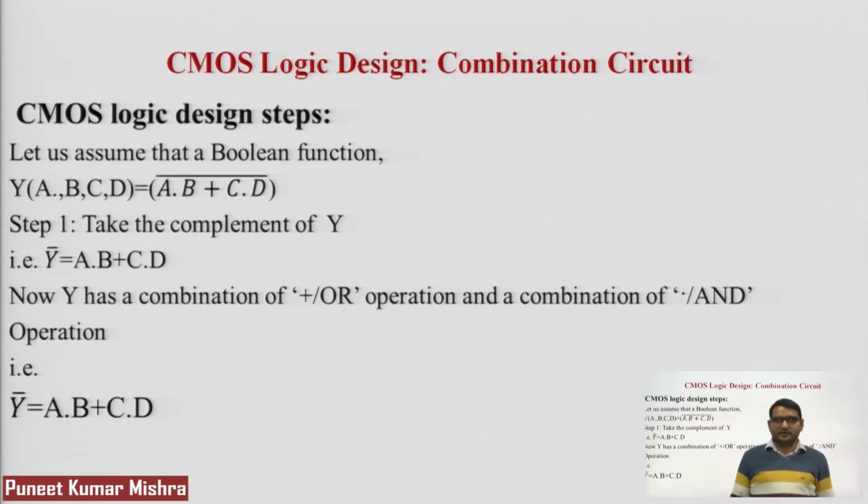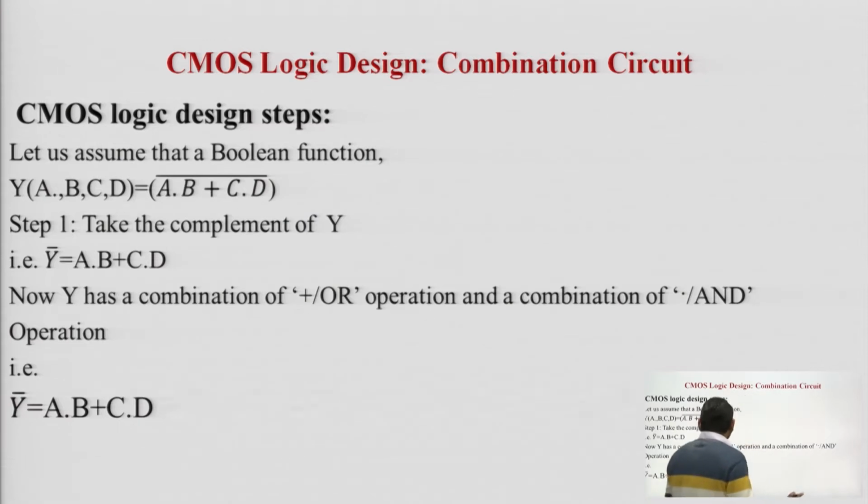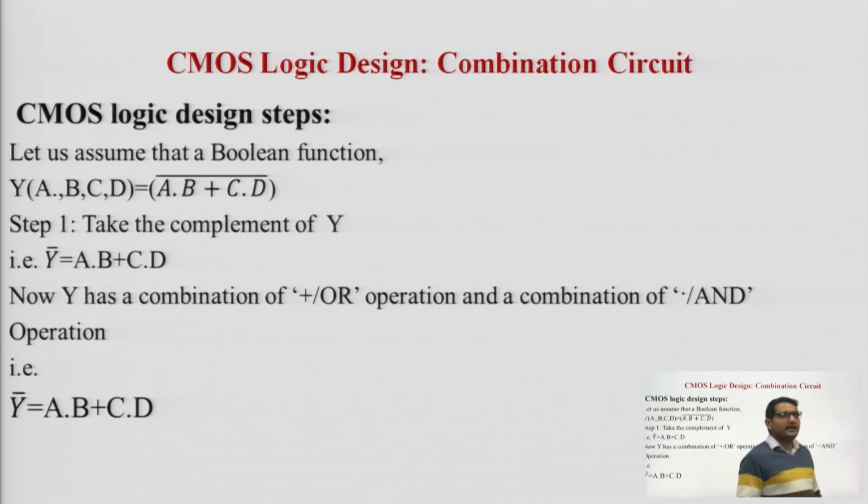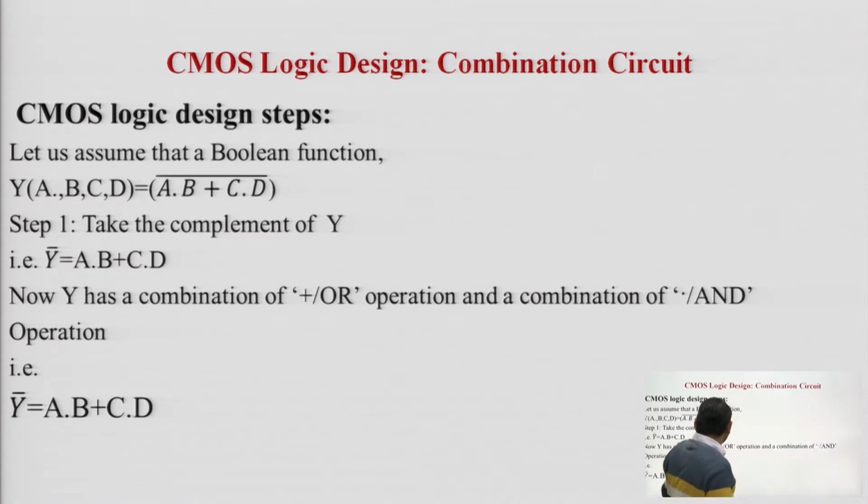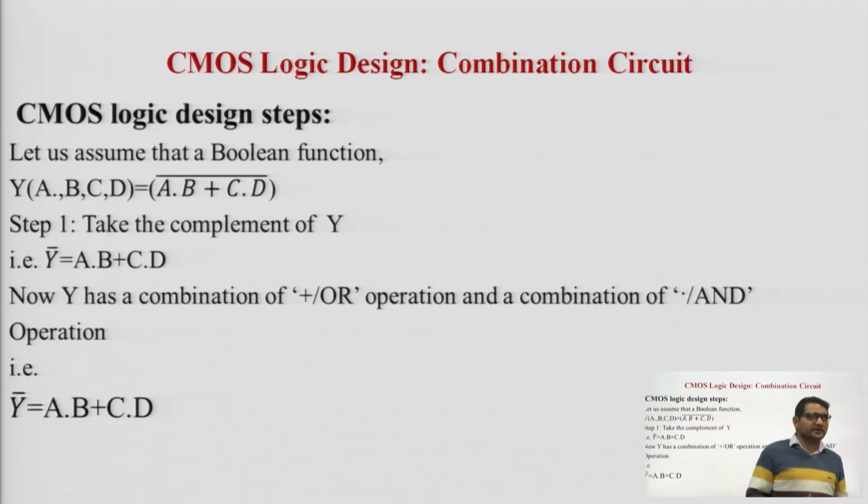Why do we take the complement? Because we define the AND operation and the OR operation separately, the dot operation and the plus operation. So if you take y bar, y bar is equal to a dot b plus c dot d. Now y bar has a combination of the plus, or OR operation, and the AND operation. Dot represents the AND operation.